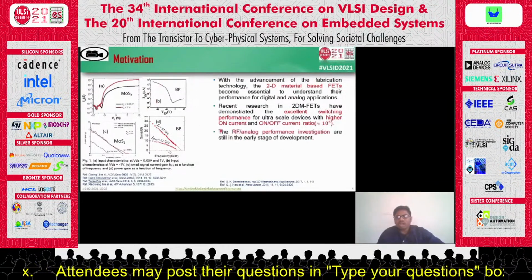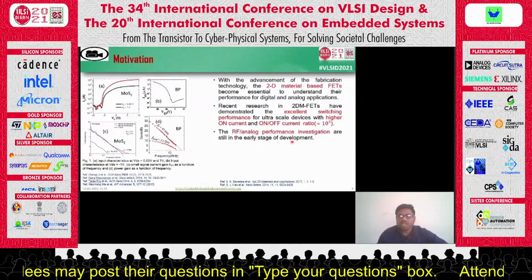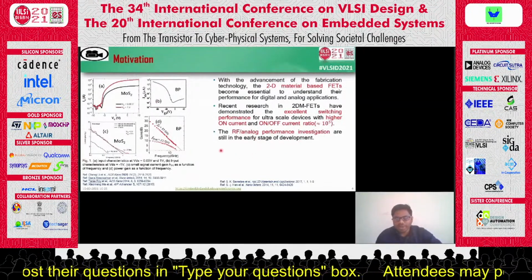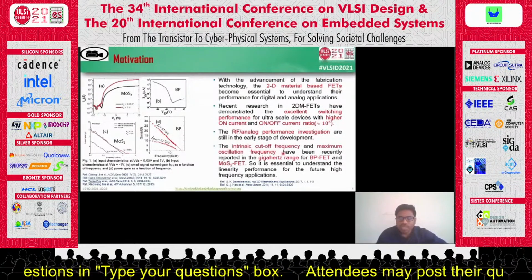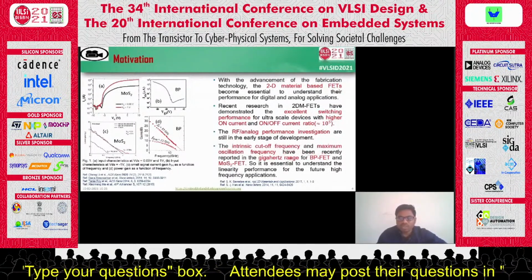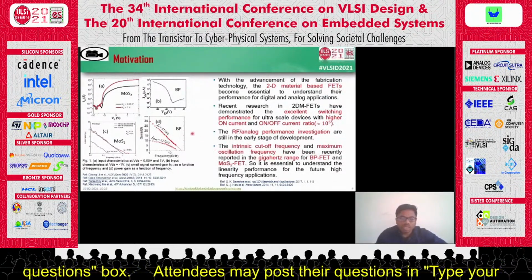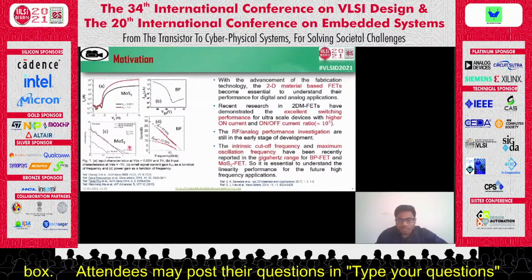But the RF analog performance investigations are still in the early stage of development. The intrinsic cutoff frequency and maximum oscillation frequency have recently been reported in the gigahertz range for BP and MoS2 FETs.